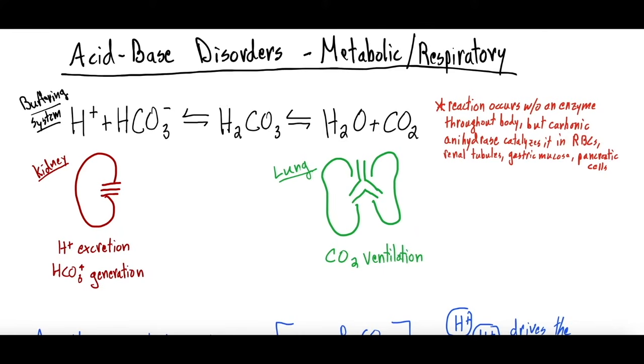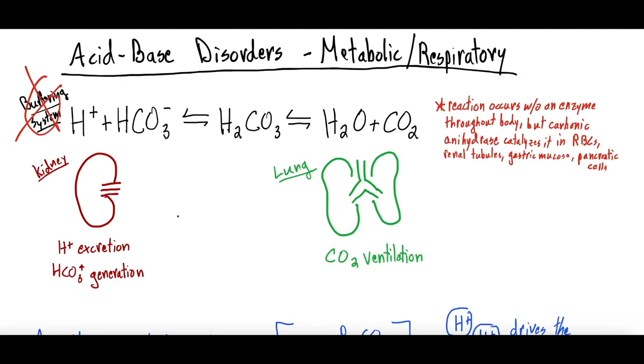What happens though when this system is just too overwhelmed, when it cannot keep up with the demands of the body, so the buffering system fails? Well, that's where we get into our metabolic and respiratory components, because the kidneys and the lungs affect the amount of different parts of this equation.